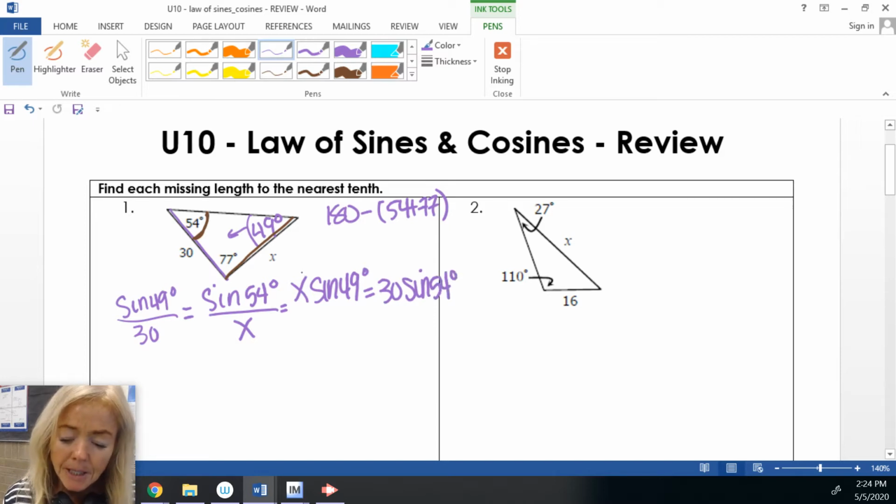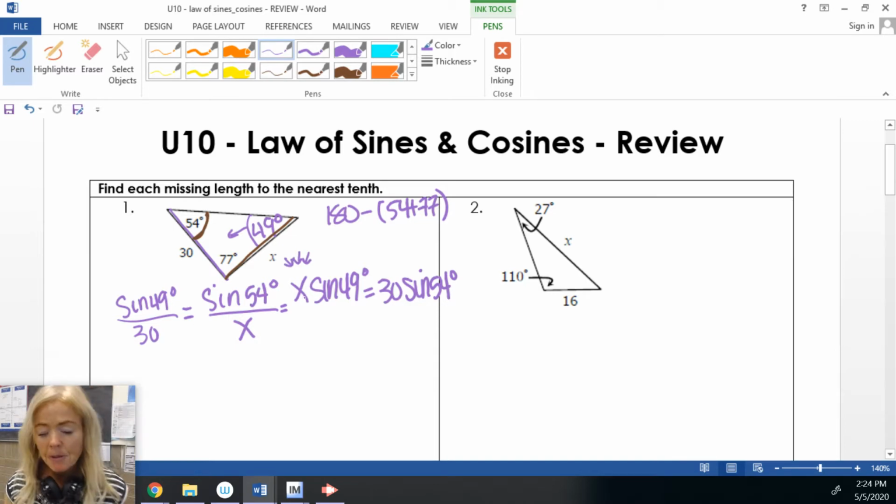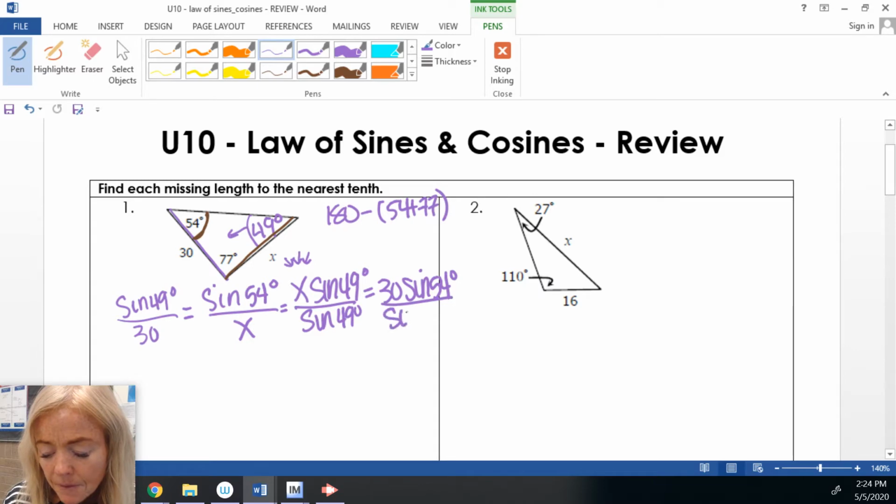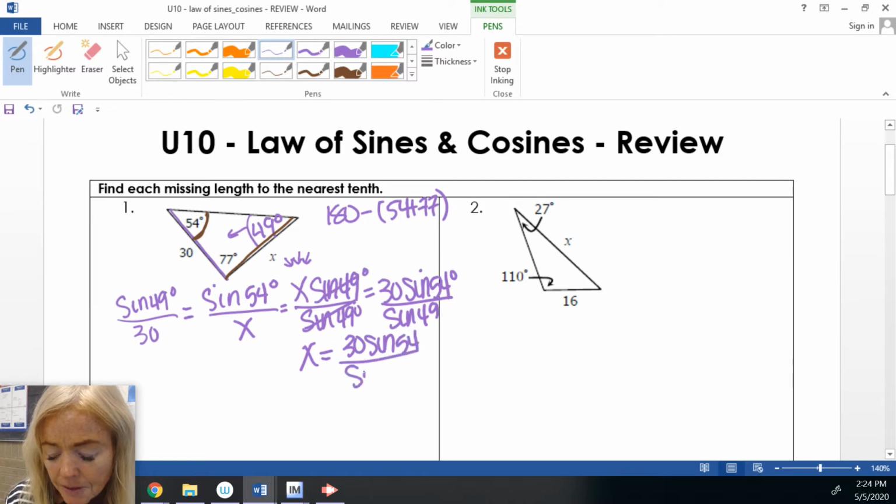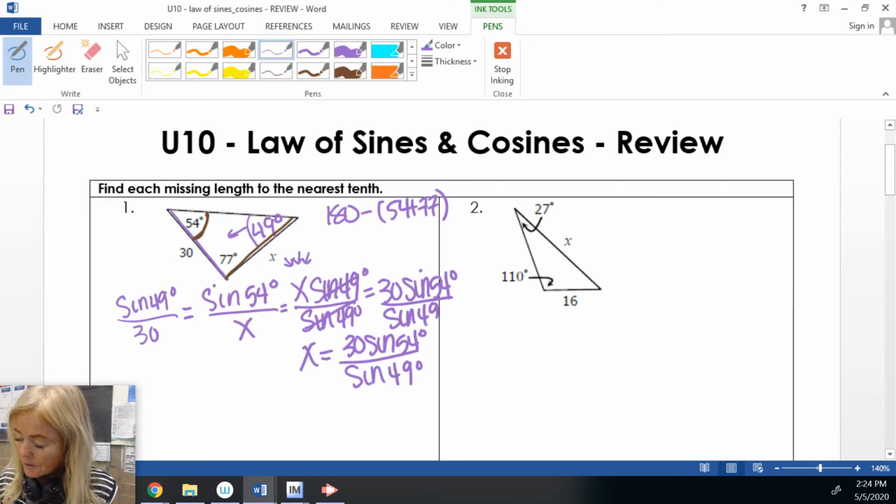All right. Now, again, we're looking to solve for x here. It's being multiplied by a number, just a number, sine 49. So you're going to divide by it. Divide by sine 49. And that gives you x is equal to 30 times the sine of 54 over the sine of 49, in degrees. All right, again, I would use your calculator. I would show you, but I'm not going to, we've already done this.